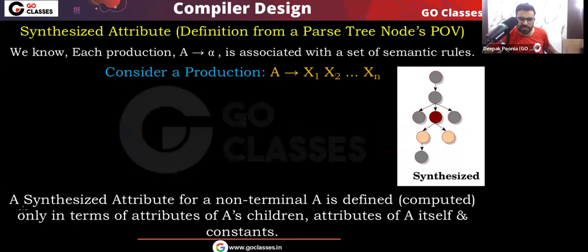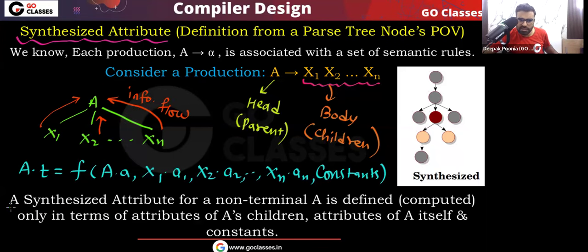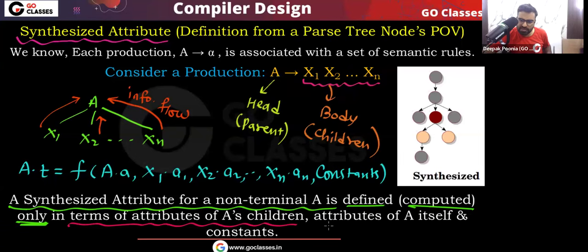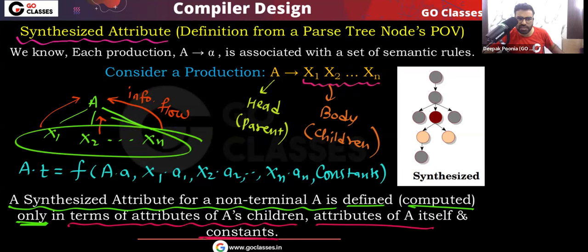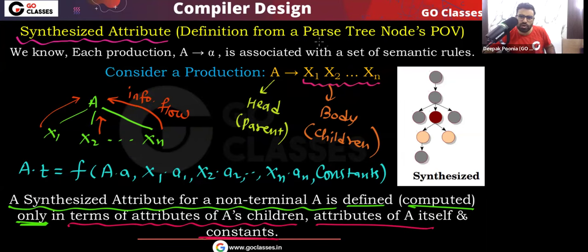A synthesized attribute for a non-terminal A is computed only in terms of attributes of A's children, attributes of A itself, and constants. Is this clear? So this is the synthesized attribute definition from the parse tree node point of view.